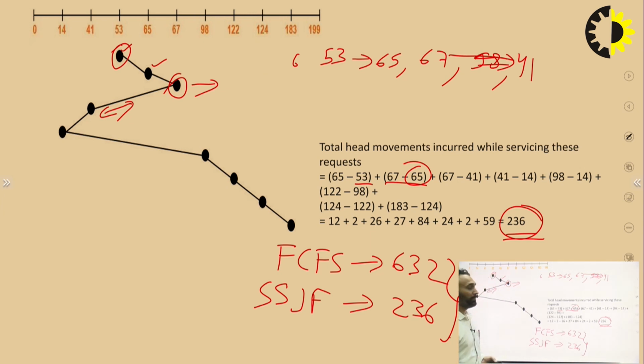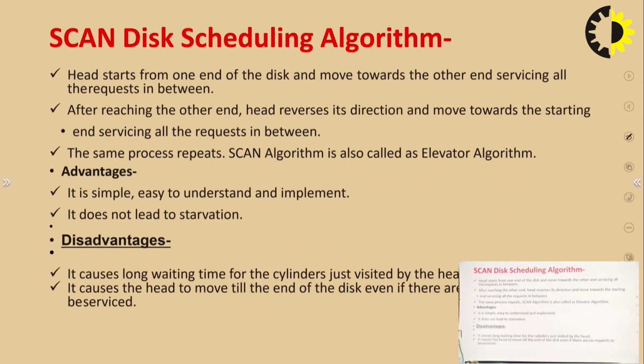So it is one of the best methods that is suitable for read and write operations in a magnetic disk. Now we will move to the third method. As the name defines, it is the SCAN disk method. What is done actually in this method?